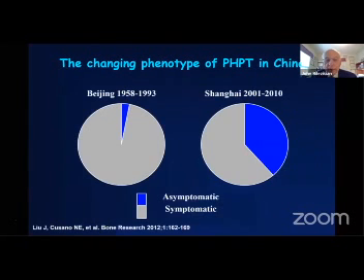Similarly, in China, working with my colleagues in China, we showed many years ago that it was a symptomatic disease. 90 to 95% of individuals had that classical phenotype. But more recently in Shanghai, you can see in the blue part of this graph, the incidence of asymptomatic hyperparathyroidism has increased.